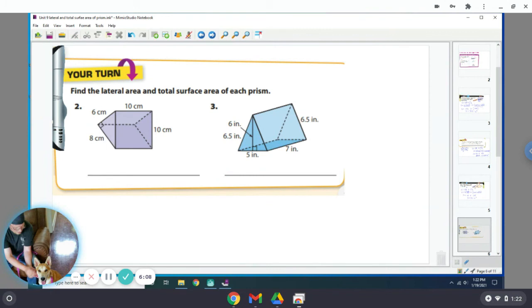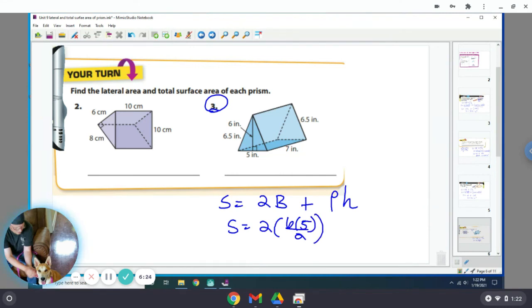Why don't you try number 3? So we're going to do the surface area, which is 2 big B plus big P times H. So it'd be 2 times the height of the triangle, which is 6, times the base, which is 5, divided by 2, plus the perimeter of the base of the triangle, which is 6.5 plus 6.5 plus 5, times 7.